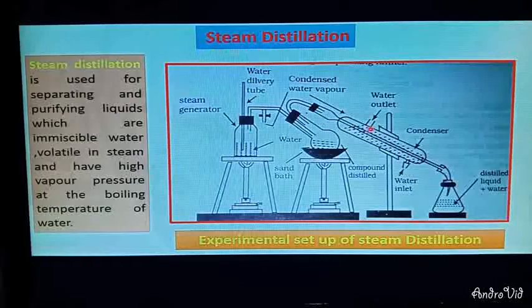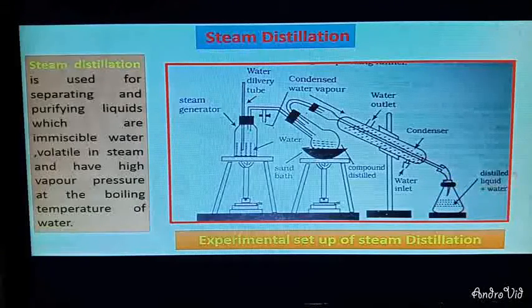There is a flow of cold water through this condenser, and the liquid vapor will pass through this way. Due to the cold flow of water, this liquid vapor will be converted back to liquid substances.